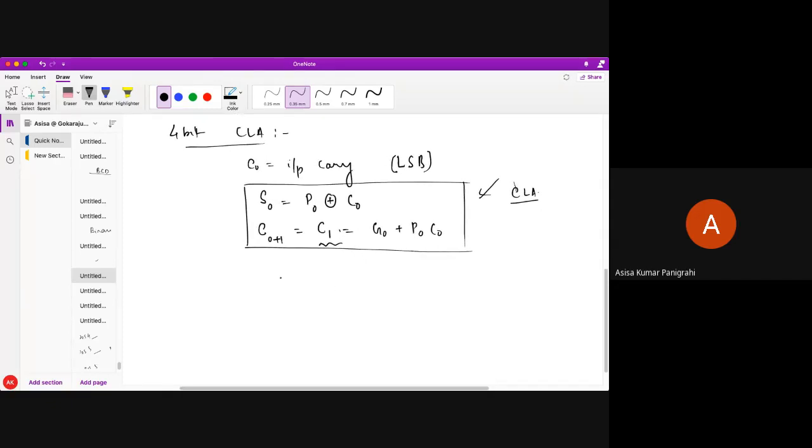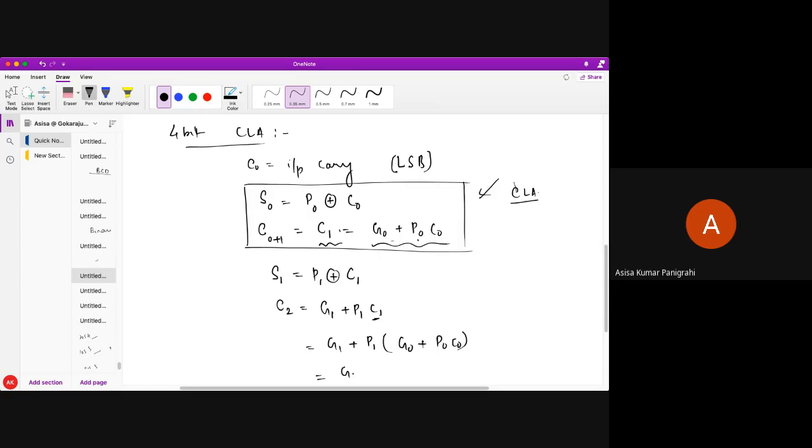Now tell me, if I perform the next bit after LSB, what will be my result? It gives me S1, which is nothing else but P1 XOR C1. My C1 is already ready here. So now C2, the next bit carry, which is G1 plus P1 C1. And I know that C1 is G0 plus P0 C0.